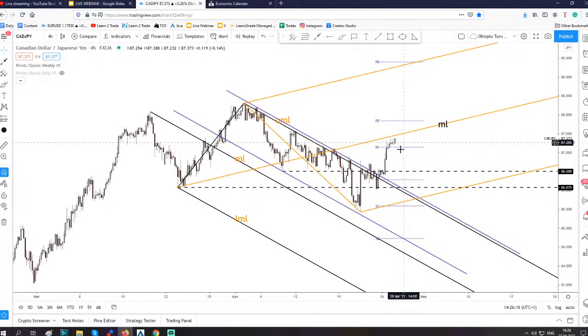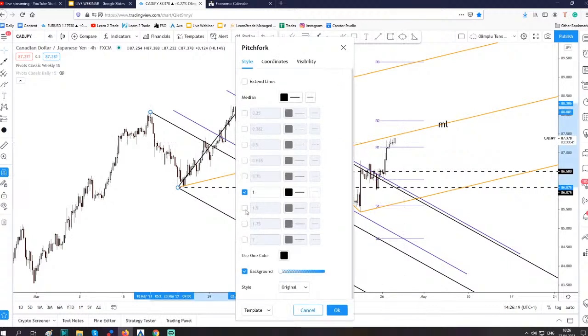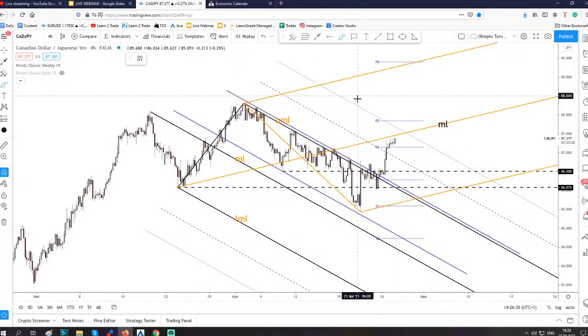So the increase is natural here. And let's use also these two, the 150% Fibonacci line and the first warning line. So these here, the warning line and the 150% Fibonacci line.